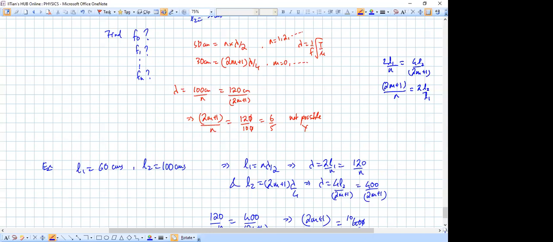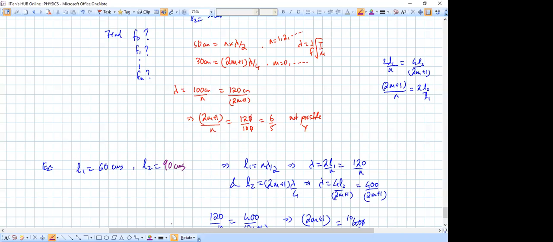So change this to 90 centimeters instead of 100.